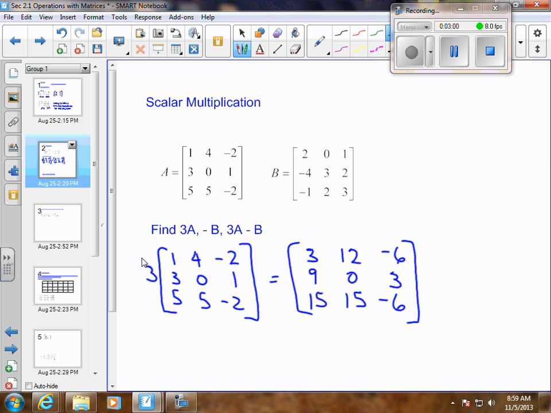Negative B means to distribute or multiply the scalar -1 by B. So negative B, we're going to multiply each element by a -1.